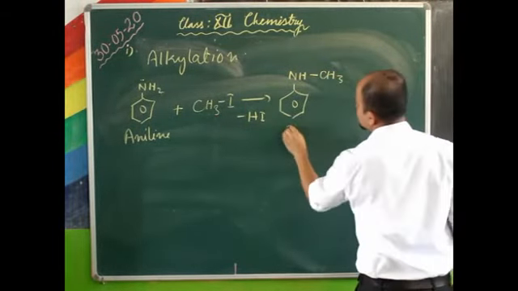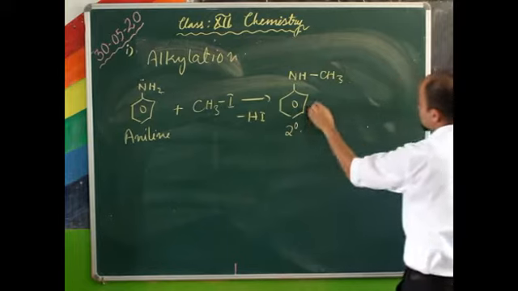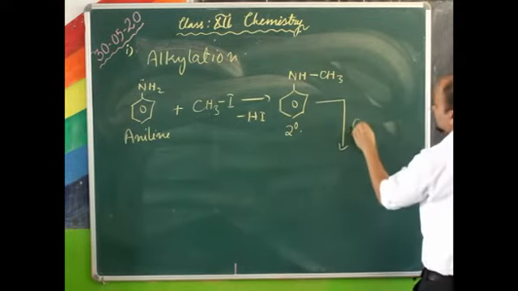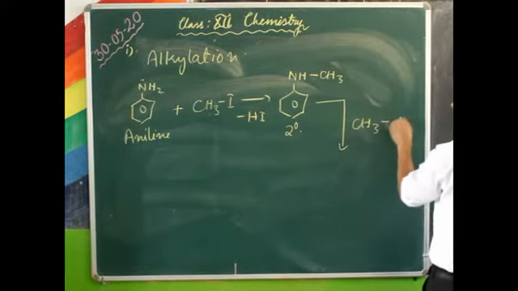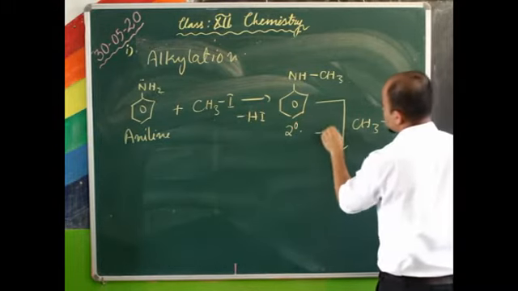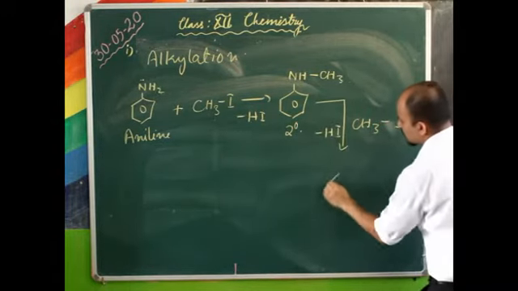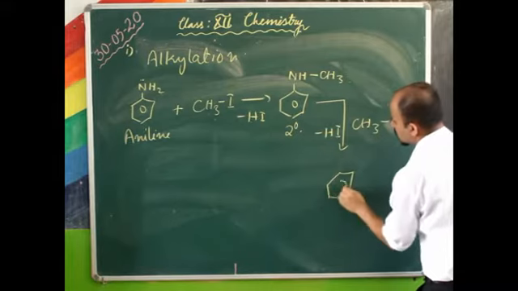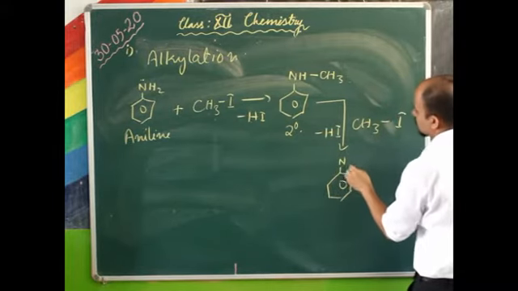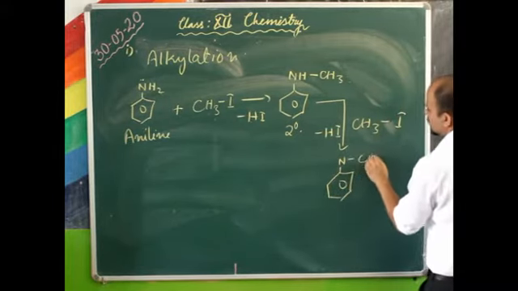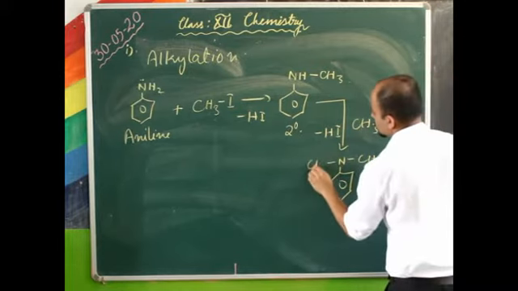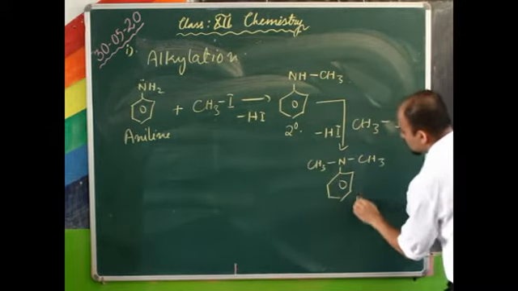Now this is a second degree amine. Now this further reacts with CH3I, and again HI will be eliminated, and you will be getting a tertiary amine, that is, this is a third degree amine.